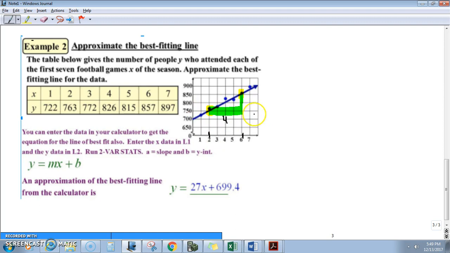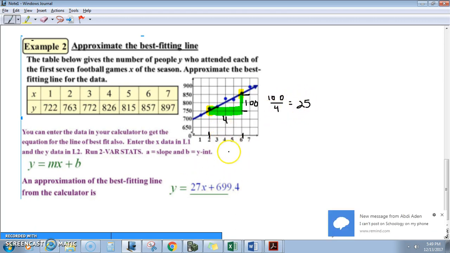This is obviously positive. And to get from here to here, from 750, is 100. So if I had chosen these two points, my slope would have been 100 over 4, or 25. You can see down here they obviously did something else and they got 27.